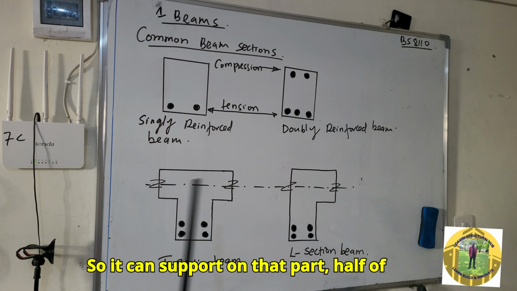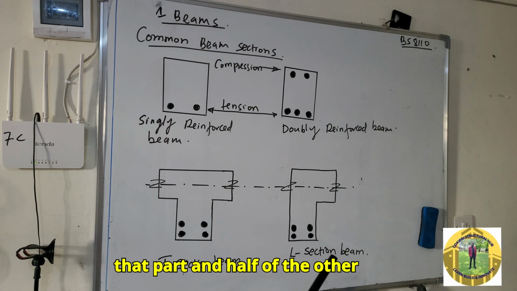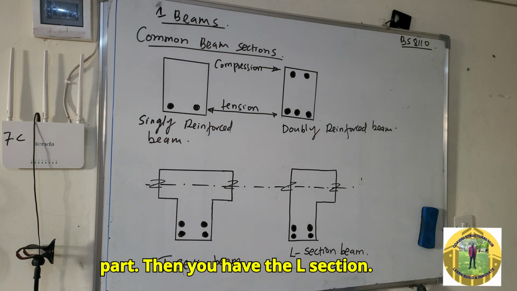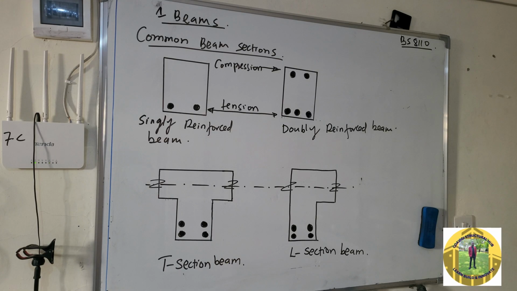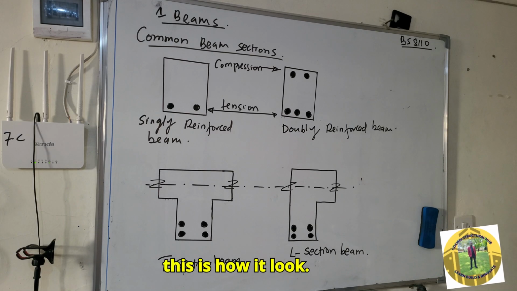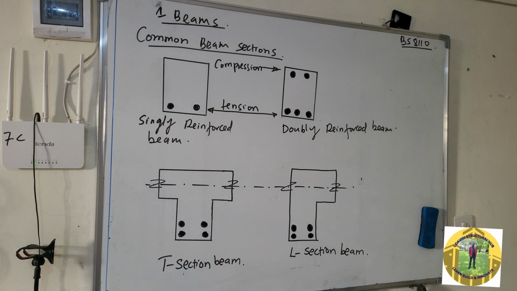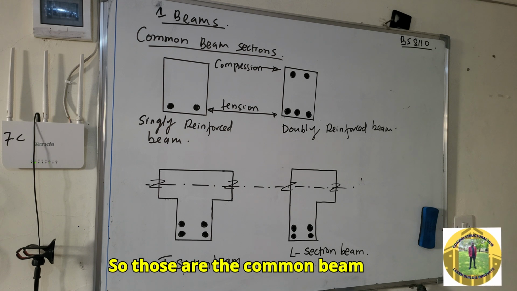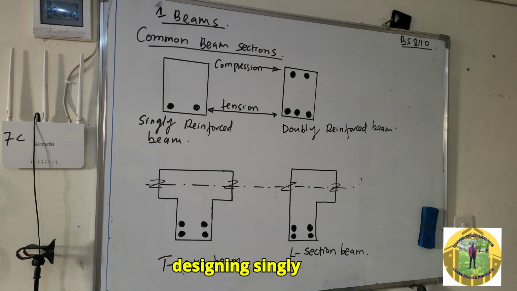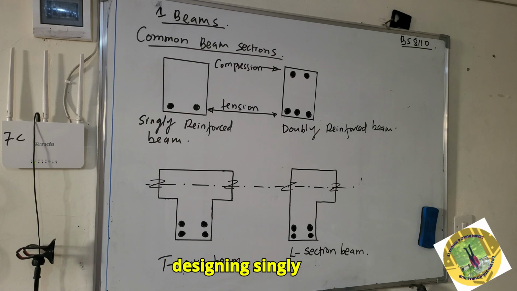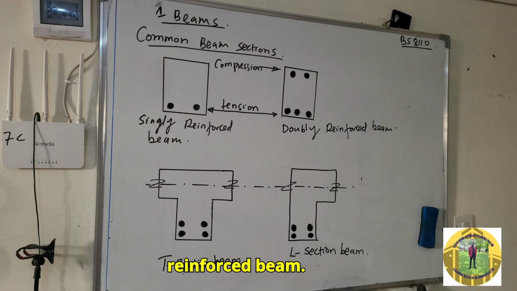So it can support half of that part and half of the other part. And then you have the L section. As you can see, this is how it looks. So those are the common beam sections. So we will begin by designing singly reinforced beam.